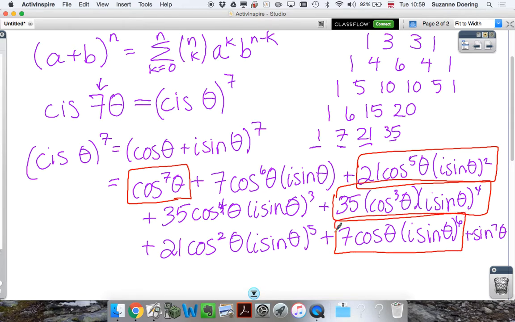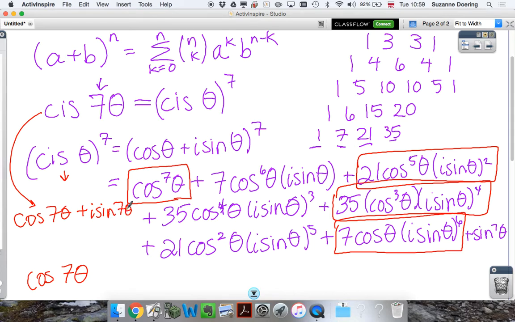And because we were interested initially in cosine of 7 theta, that is the real part of cis 7 theta, which is cosine 7 theta plus i sine 7 theta.